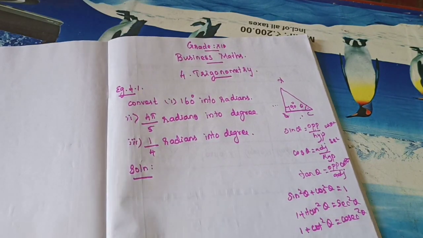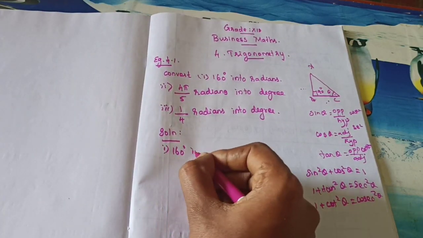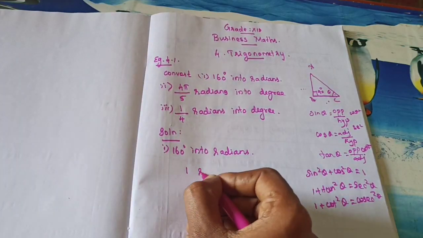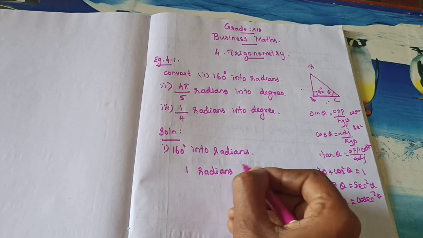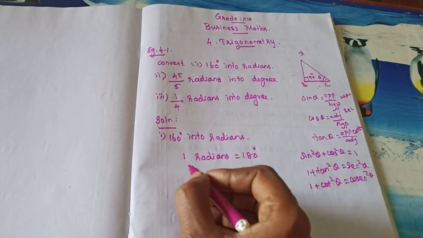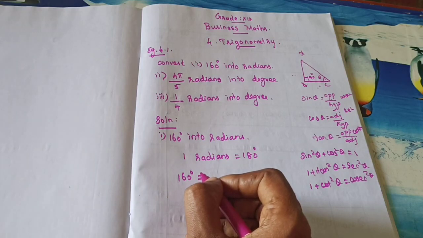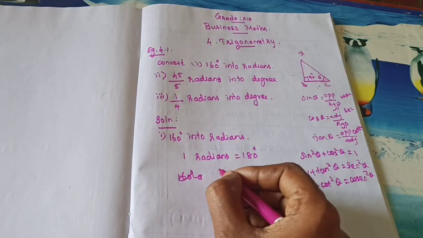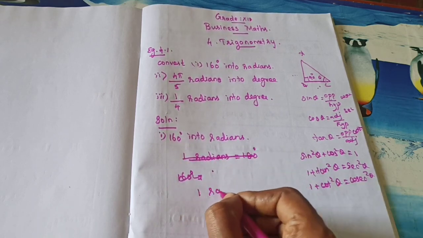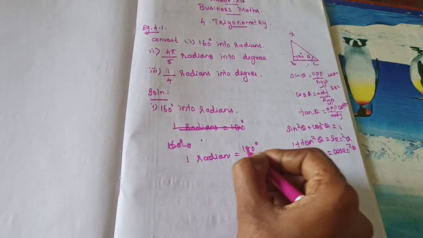Solution. First one, 160 degrees into radians. For that, 1 radian means how many degrees? Sorry, this is not 1 radian, it is pi radians equal to 180 degrees. So 1 radian is equal to 180 degrees divided by pi.